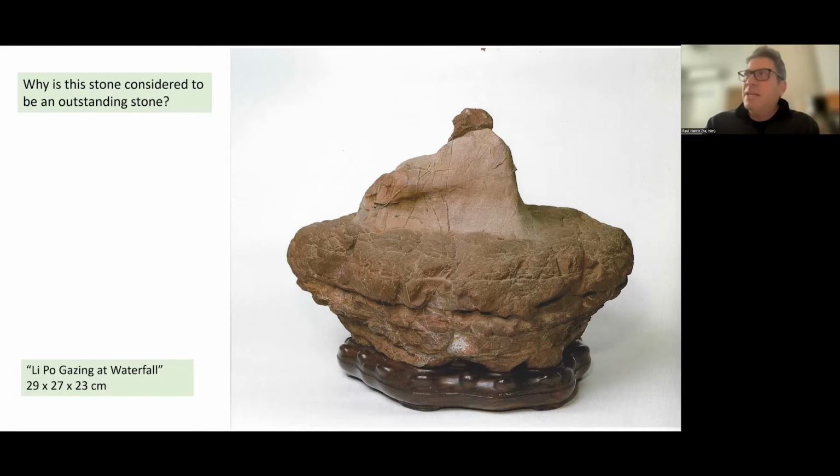Like Mi Fu bowing to the stone, Li Bai gazing at the waterfall is a canonical image that has been rendered visually many times. And this stone looks like Li Bai gazing at a waterfall.